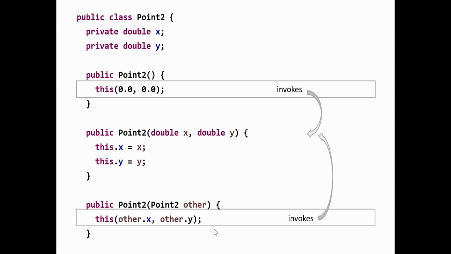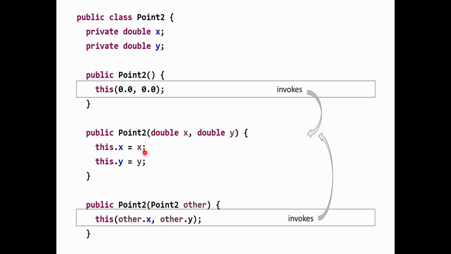The copy constructor, I can play the same trick. I can call the second constructor, this time passing in the x coordinate of the other point and the y coordinate of the other point. So I write this, round bracket, other x, other y. That calls this constructor.